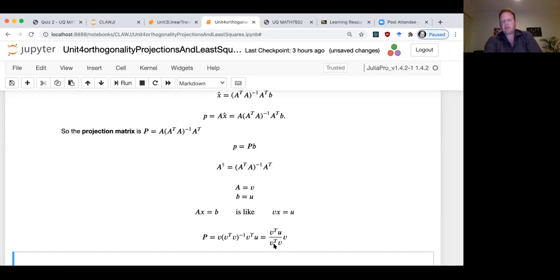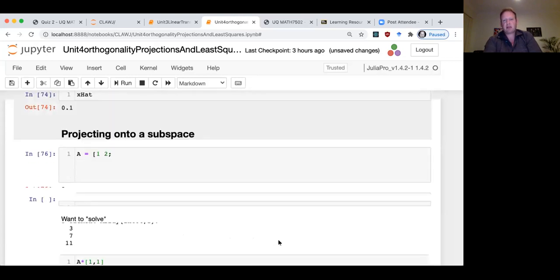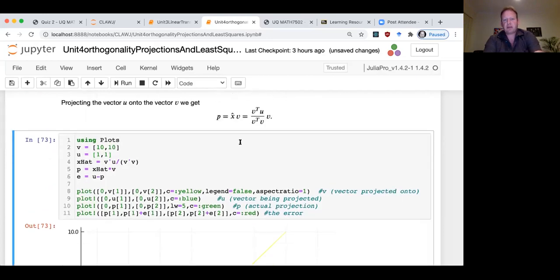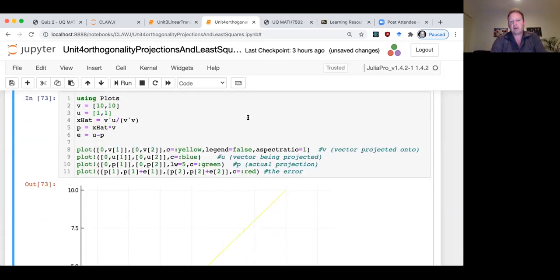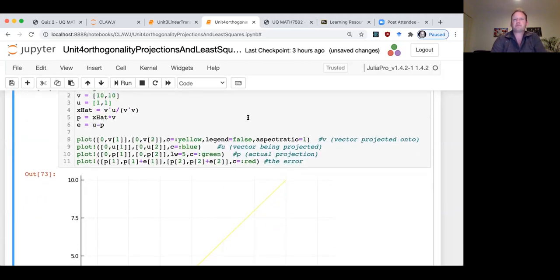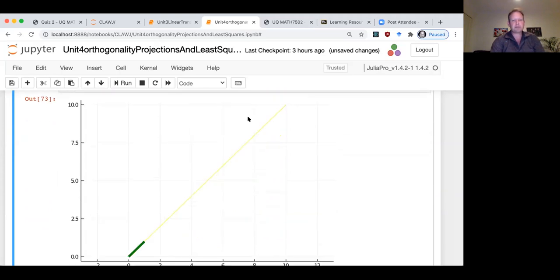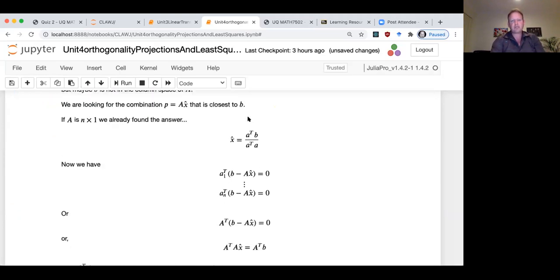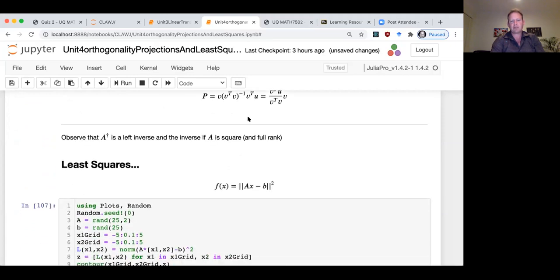V transpose U divided by the inner product squared times the vector V. Let's go back to the line. So let me erase this thing. Okay, V transpose U divided by that times V. You see? So the projection onto the line is, of course, a special case, but we started with it because it was simpler. Any questions about this? It's a lot, but now we'll see something to do with it. Okay.